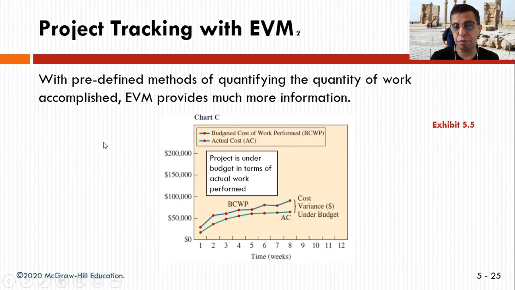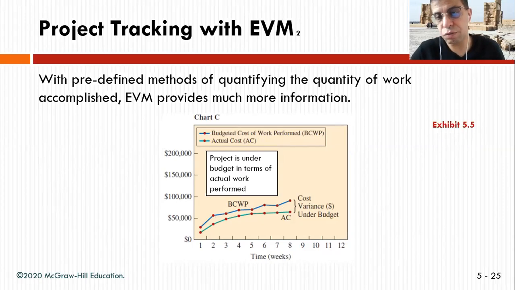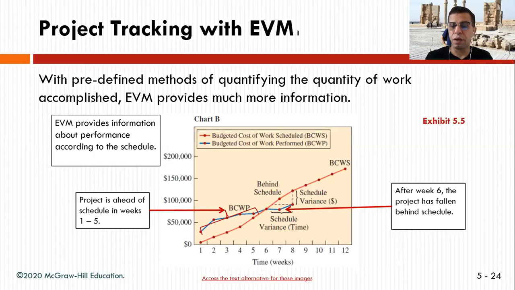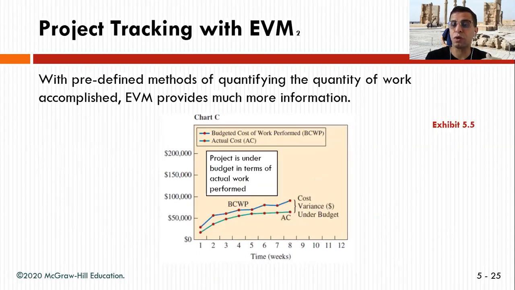Now, with the predefined method of quantifying the quantity of work accomplished, EMV has much more information there. So you're not going to go only with the budgeted cost for schedules. You utilize the budget cost for work performed, and the work performed, which we said you need to divide in units, and put a money value on it.